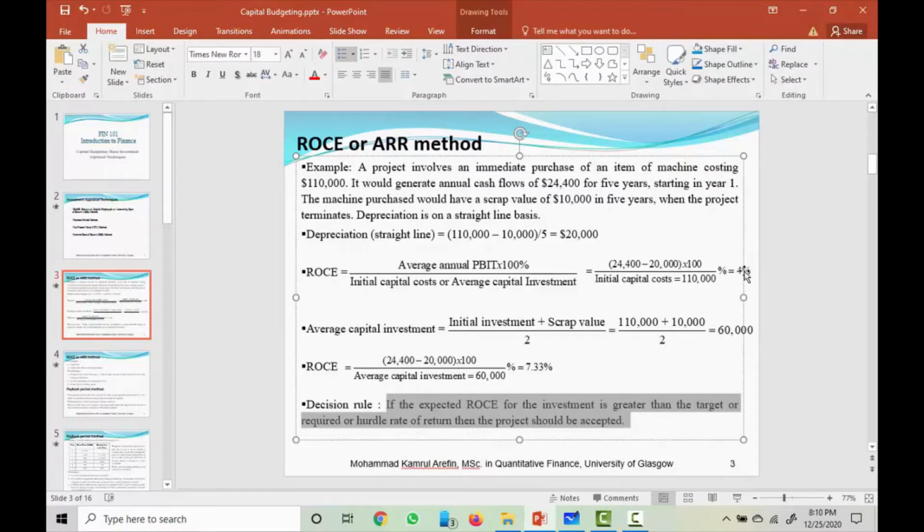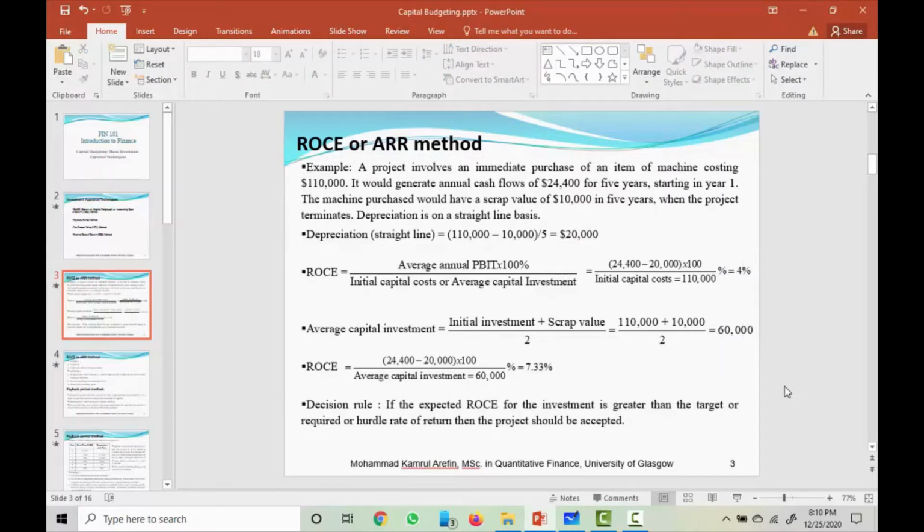If the ROCE is more than your required return, you can accept the project.